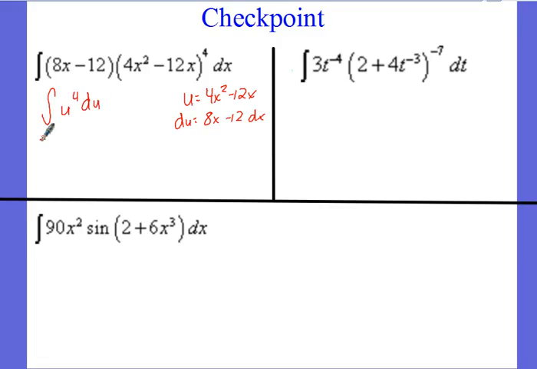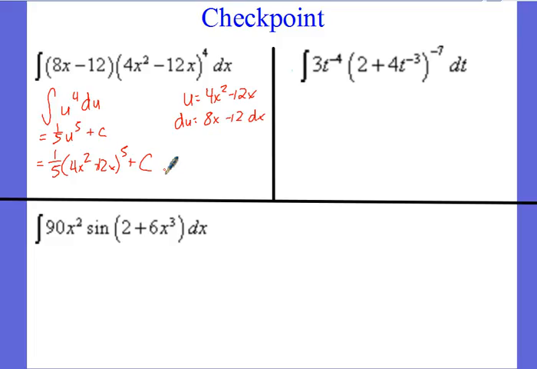So then what's my answer? It becomes 1/5 times (4x squared minus 12x) to the fifth plus c. Say that again. Yeah, just remember, the plus c has to be there at the end.